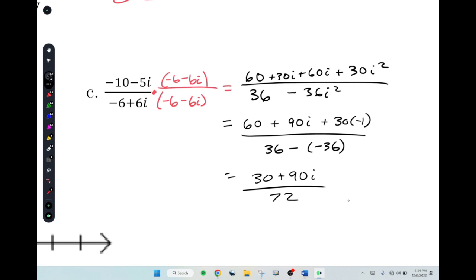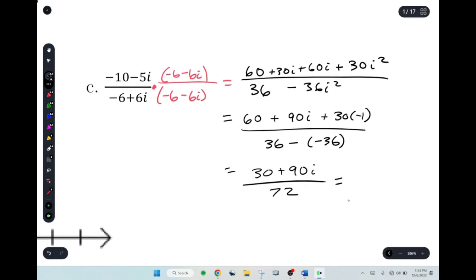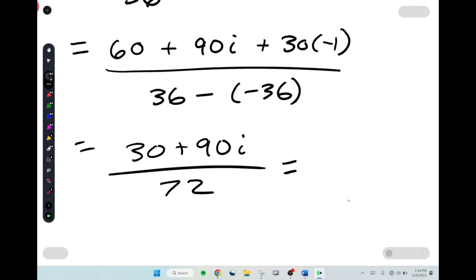Divide by 2, I guess. What do you get if you divide by 2 for all of that? 15 over 36. Oh, so it actually divides by more than 2. What is it, 6? What's 72 divided by 6? Is it 12?